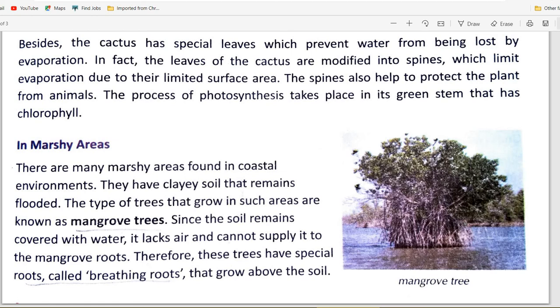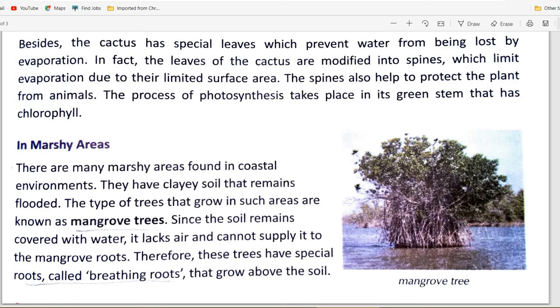So these types of trees, means cactus trees, prepare their food in the stem, means we can say the process of photosynthesis takes place in its green stem because chlorophyll is present, water is present, and air is also present in these types of trees.